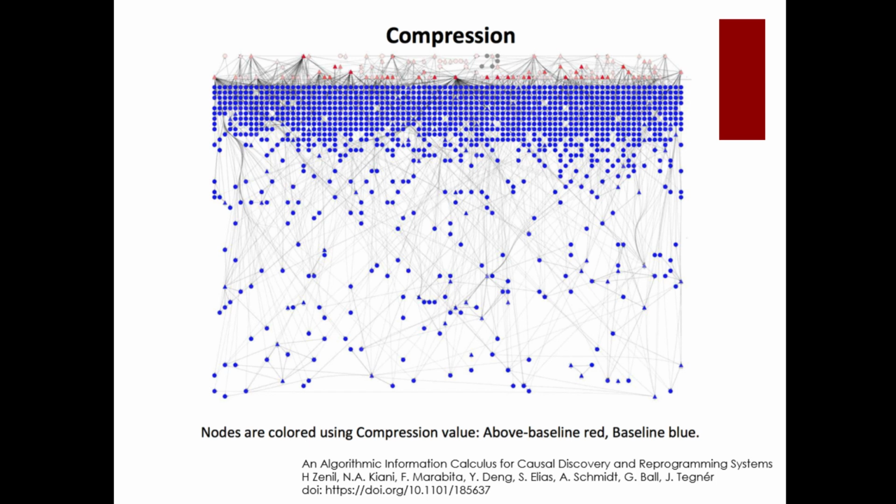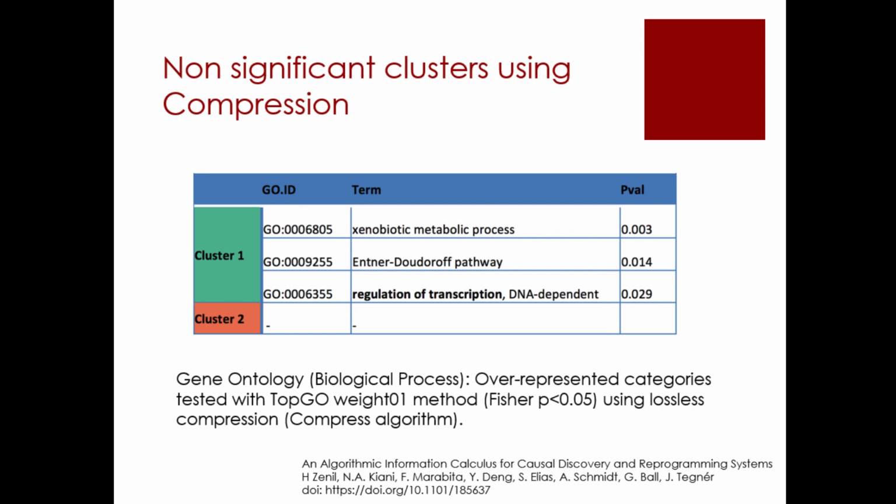This is how compression was able to color the network, quite insensitive to small changes as one would expect, because, as we have shown before, small changes are traditionally not captured by compression, so compression is quite useless when it comes to fine perturbation analysis. So nothing particularly interesting came up when using lossless compression algorithms after enrichment analysis either.